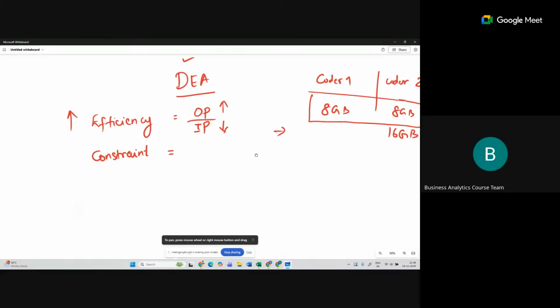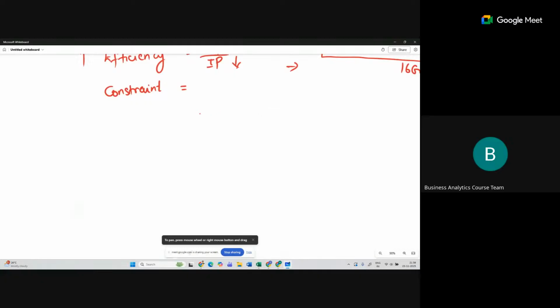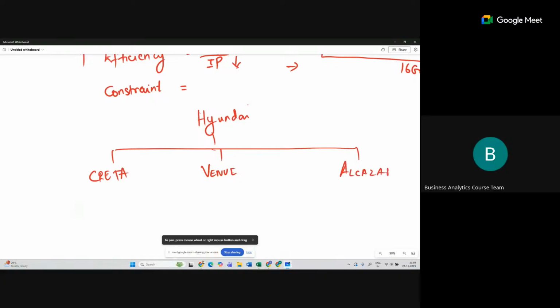Let's take a hypothetical example. Let's say there is a car manufacturing company manufacturing 3 cars: Creta, Venue, Alcazar. Let's say you want to maximize the output of Creta. If you have to do this, you might have to compromise on the values of Venue or Alcazar.